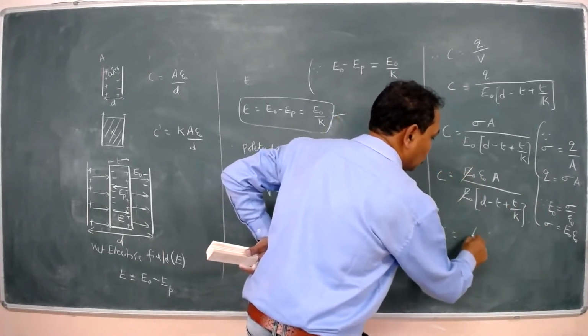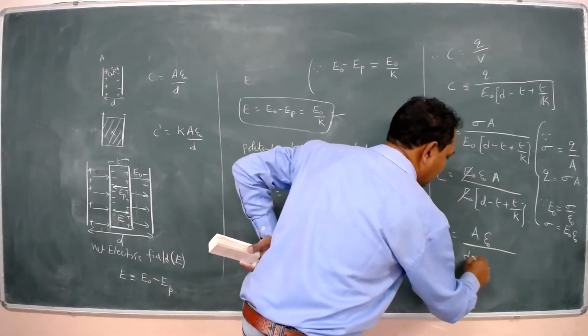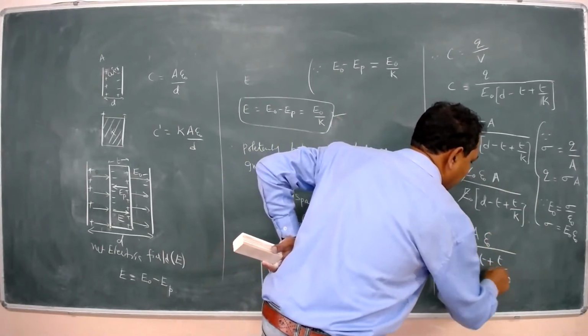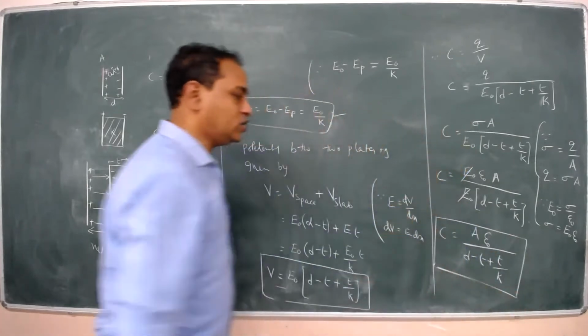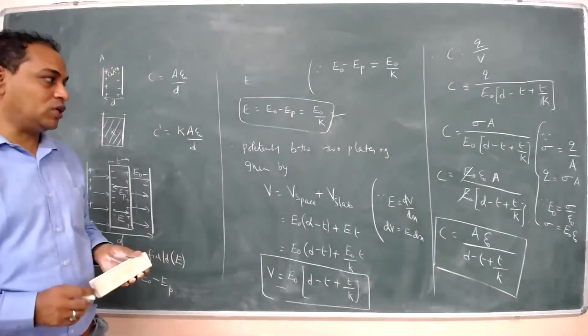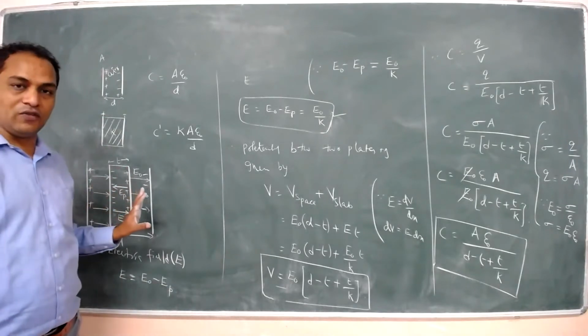Therefore, C is equal to A into epsilon naught divided by D minus T plus T by K. So this is the effective capacitance between the two parallel plates if the dielectric slab is partially filled.